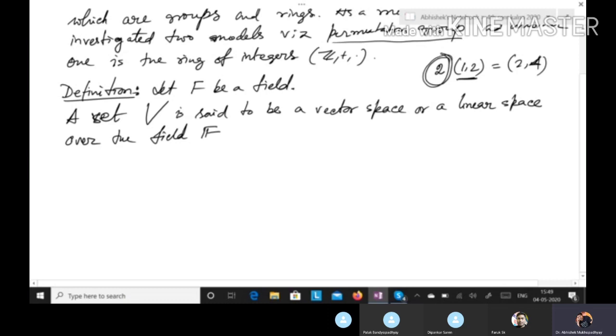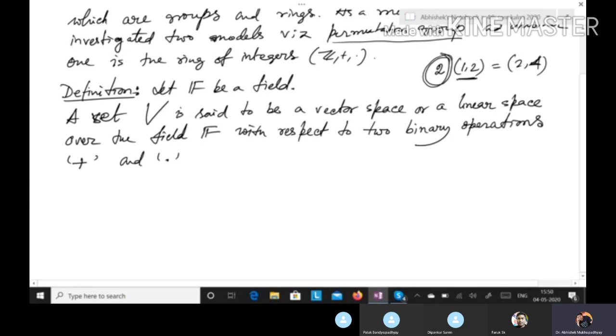with respect to two binary operations. One we denote by plus, another one is denoted by dot.